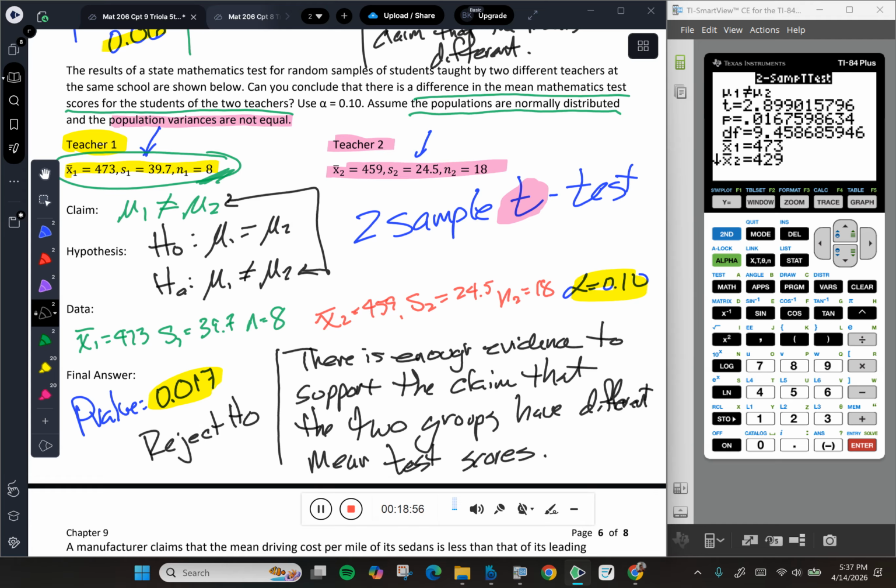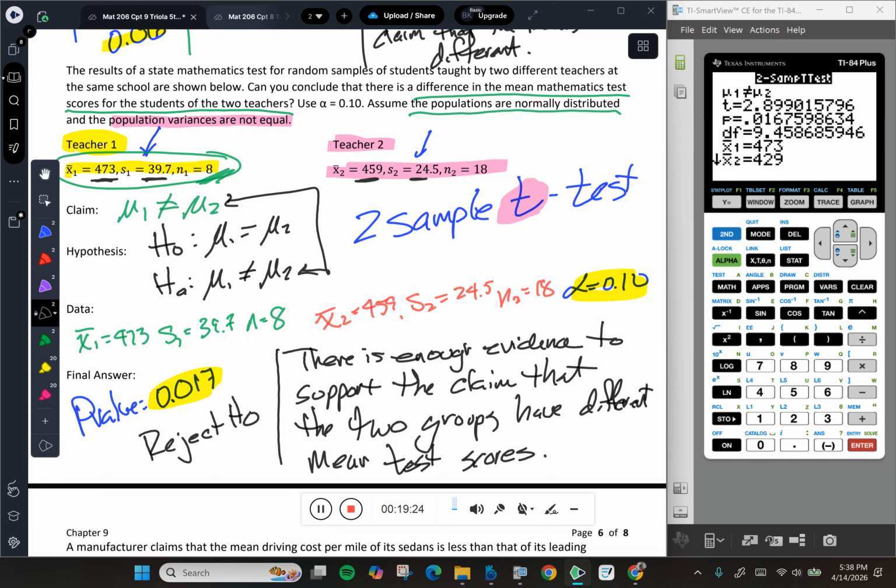Now, I don't know about you, but which teacher's better? I mean, this one's got a higher average, but also a lot more variability. This one's got a lower average, not by much, 14 points, but a smaller standard deviation, so less variability. Honestly, if I really cared about this problem, I would have written the claim about one of the teachers having a higher test average than the other, and see if I could support that.